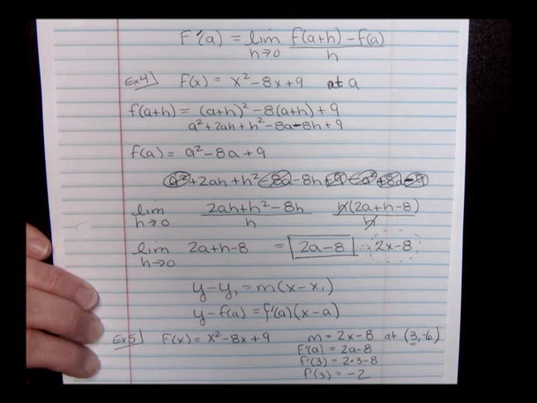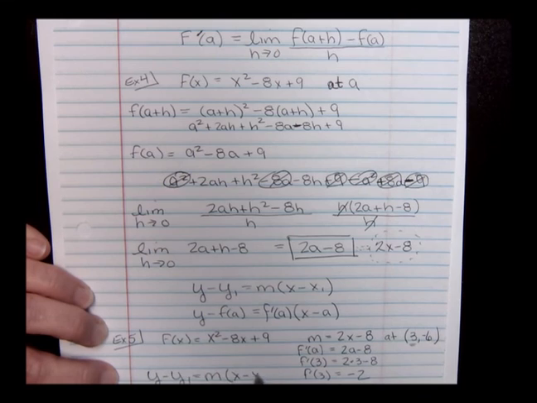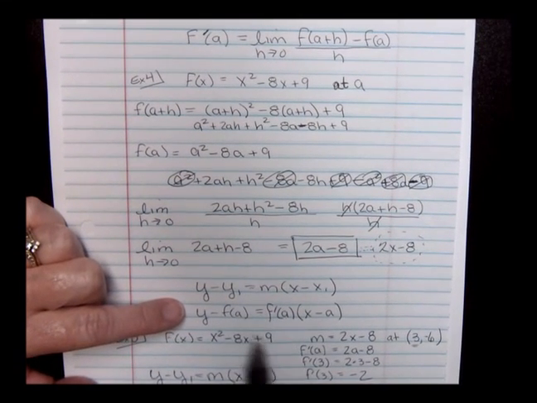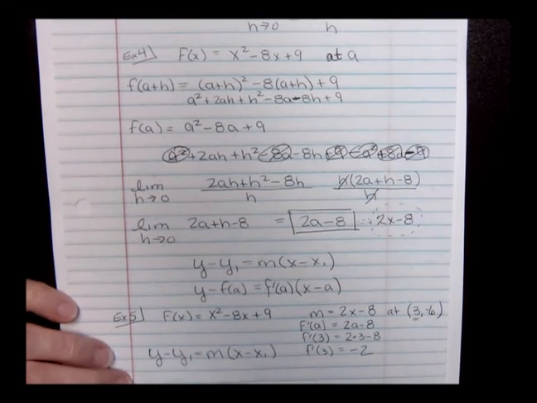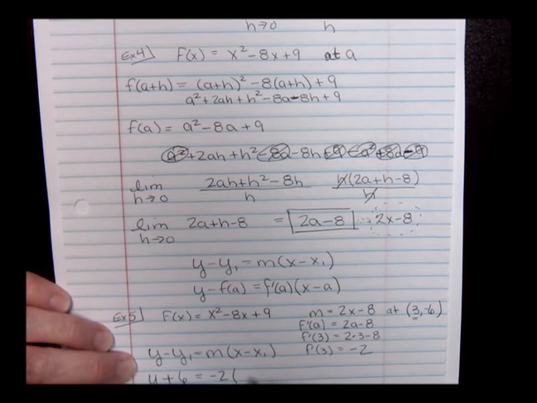So the equation of the tangent line, again, I have y minus y sub 1 equals m times the quantity x minus x sub 1, or written using the f of a values, the function notation here. Either way, y minus negative 6 equals negative 2 times x minus 3.